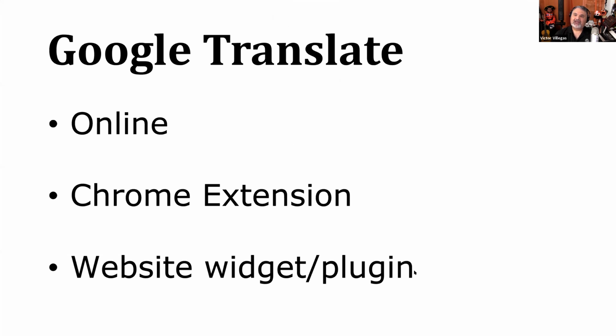So if you have a website, you can talk to your web developer, see if they're able to add the Google Translate widget or plugin, which will translate your text on your website on the fly. We're kind of looking into doing this. I'm sure you've seen some sites that already have this. They'll have a little Google thing that says English, and then you can select it and choose any of multiple languages.